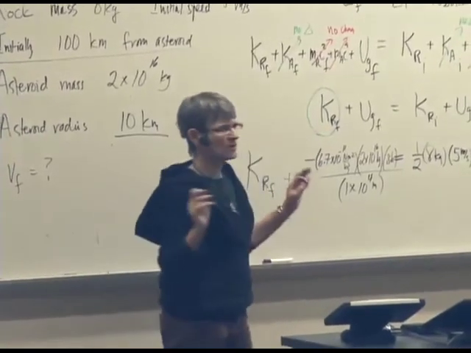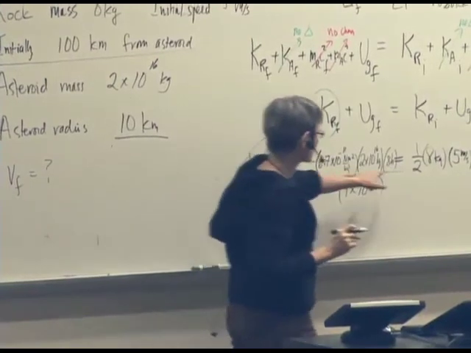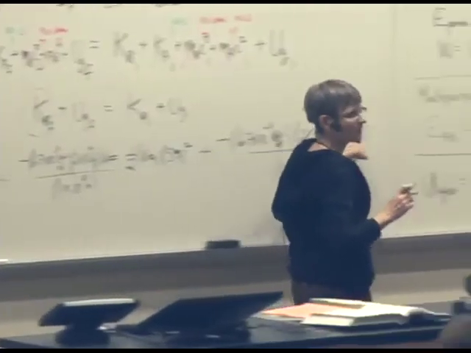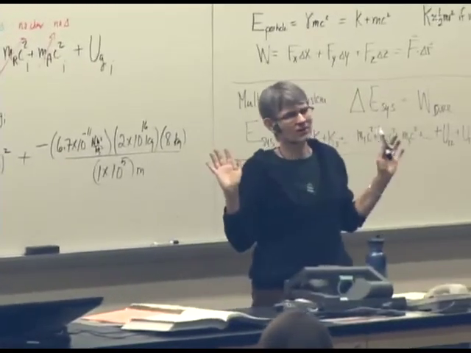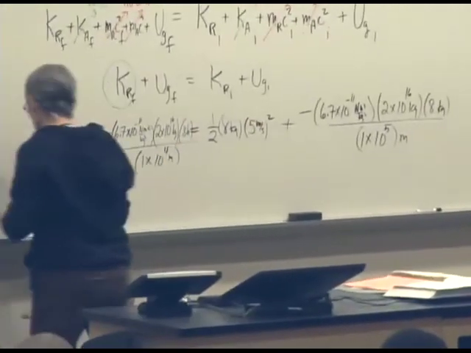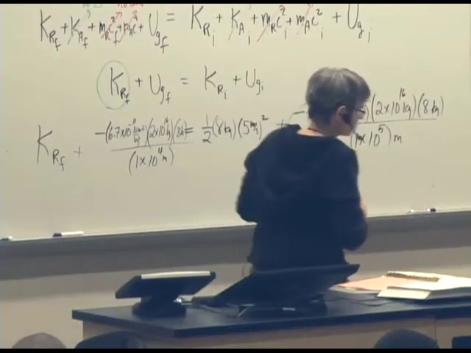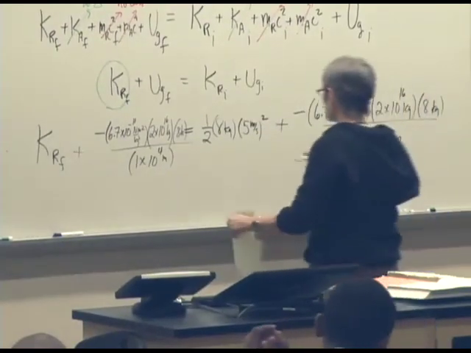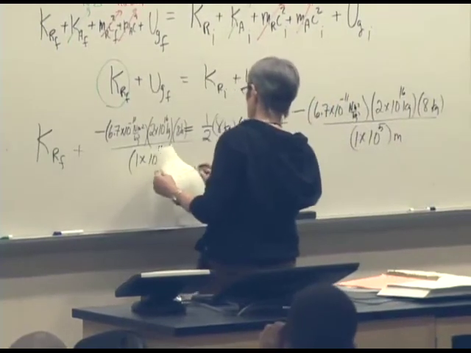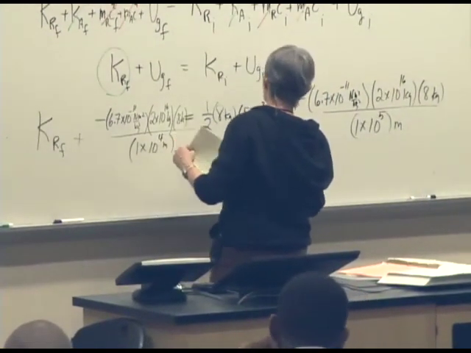Now notice something here that we could have done. Since the mass of the rock is turning up in every term, we could have actually just divided through by m rock. I didn't do that because I thought it would be interesting to actually get values for these things just to see what they were. So this comes out to, in my opinion, 100 joules.